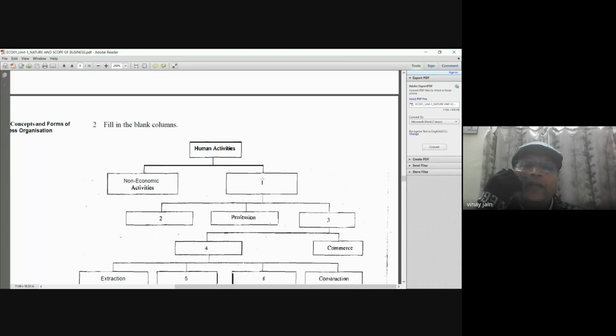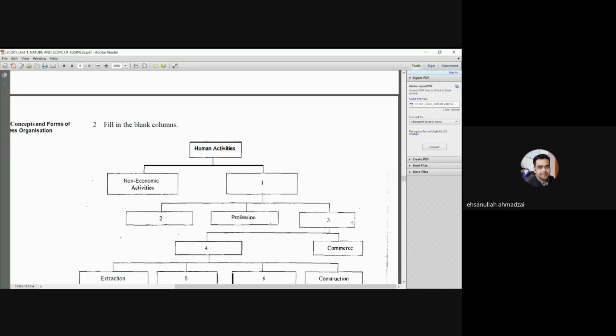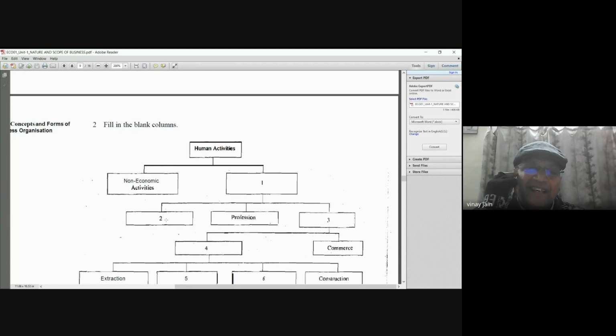And under economic activity, you have three different things. Profession, what should be on the left and what should be on the right? In the second it should be economic, and in the third it should be business and employment. Sorry, sir, yes, business and now it is employment.